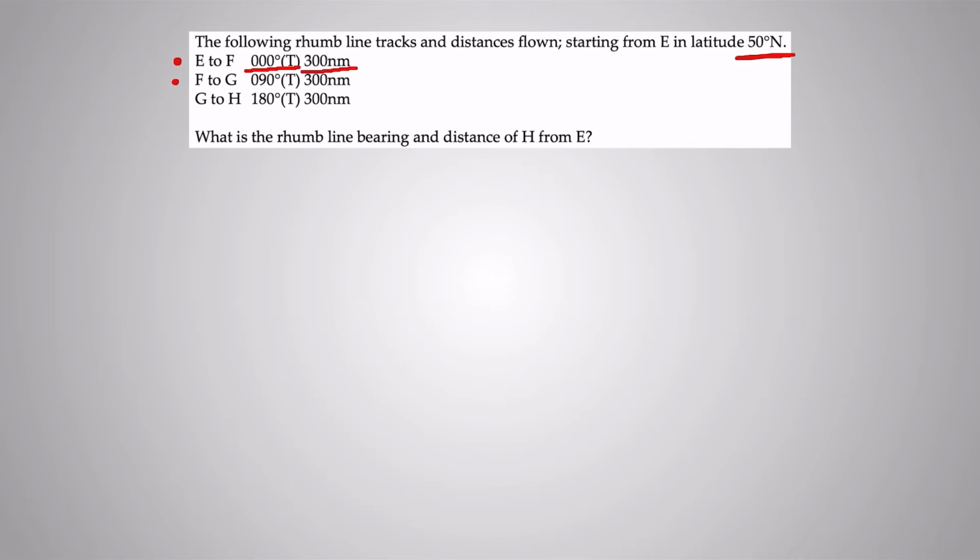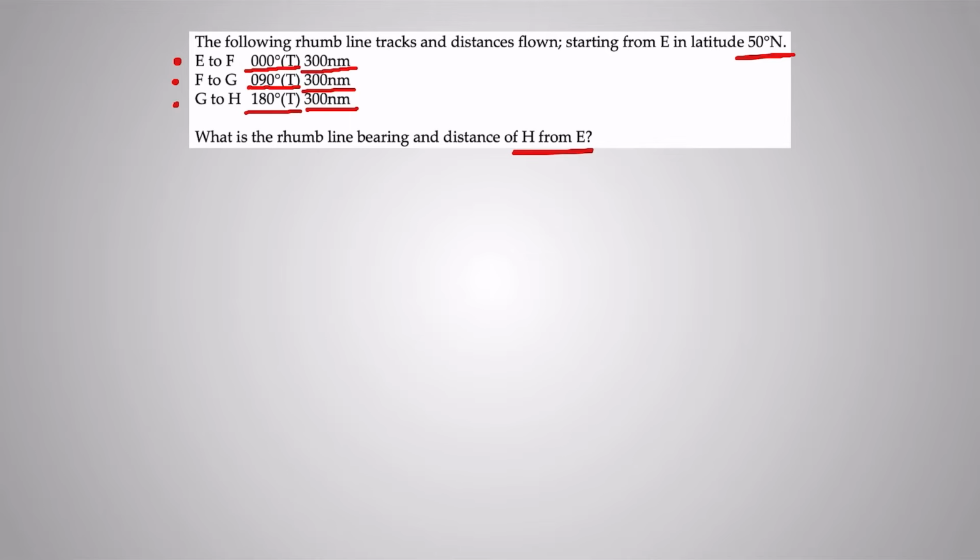From F to G, it is 090 degree true and again 300 miles long. And the track from G to H is 180 degree true, which is also 300 nautical miles long. And what we are supposed to find is the rumb line bearing and distance of H from E. Okay, we have to find E to H. Now how do we solve this?